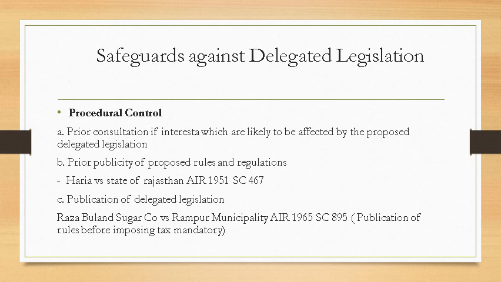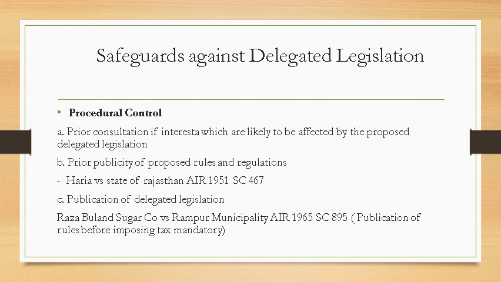Now the methods of control could be prior consultation of interests which are likely to be affected by proposed delegated legislation. Now what we do in this is we talk to people who are getting affected by the legislation. This is done more in countries like USA, wherein, for example, if you want to come up with a norm which would affect the medical practitioners, you will have to talk to their body.